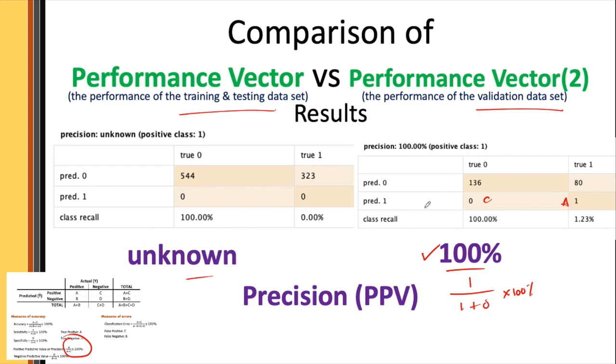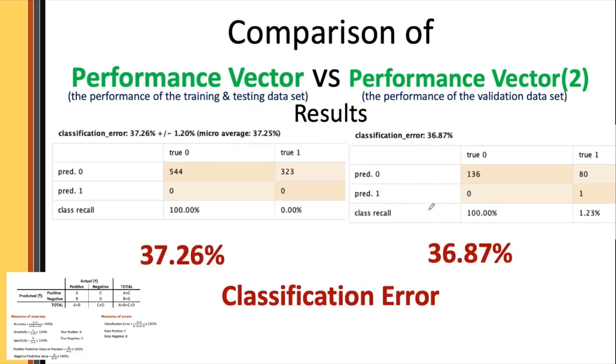Now moving on with the measures of errors, let's have first the classification error, in which classification error is measured as B plus C over the total. So given that this is A, this is B, this is C, and this is D, this is computed as B, which is 80, plus C, which is 0, over the total, which is 1 plus 80 plus 0 plus 136.